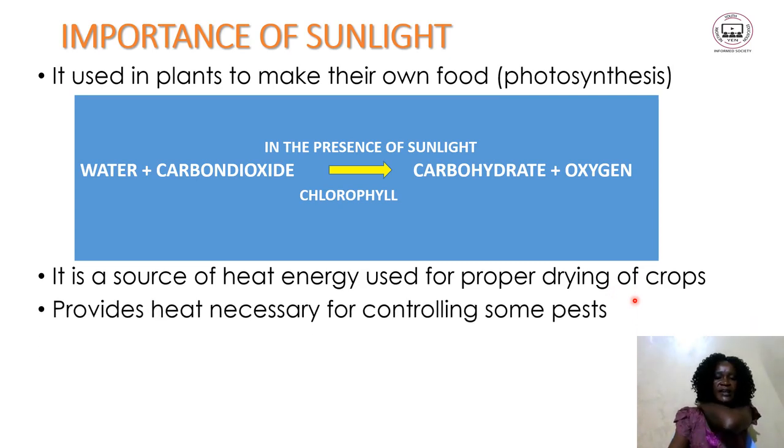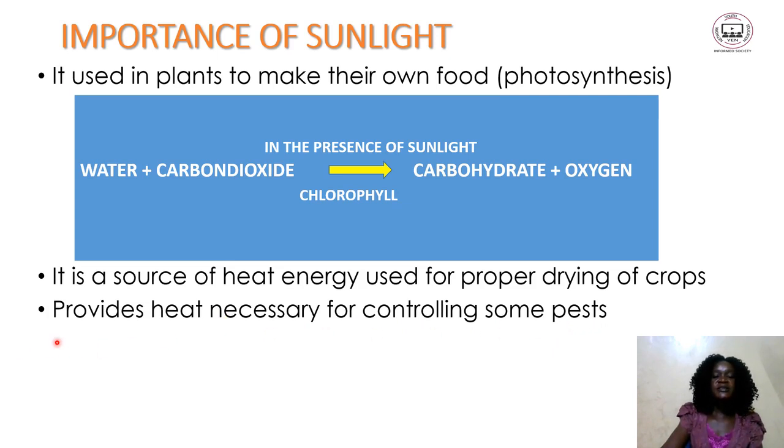Sunlight also provides heat necessary for controlling some pests. Pests are living organisms and they have their conducive environment. If there is too much heat from sunlight in the soil, some of these pests may not survive.